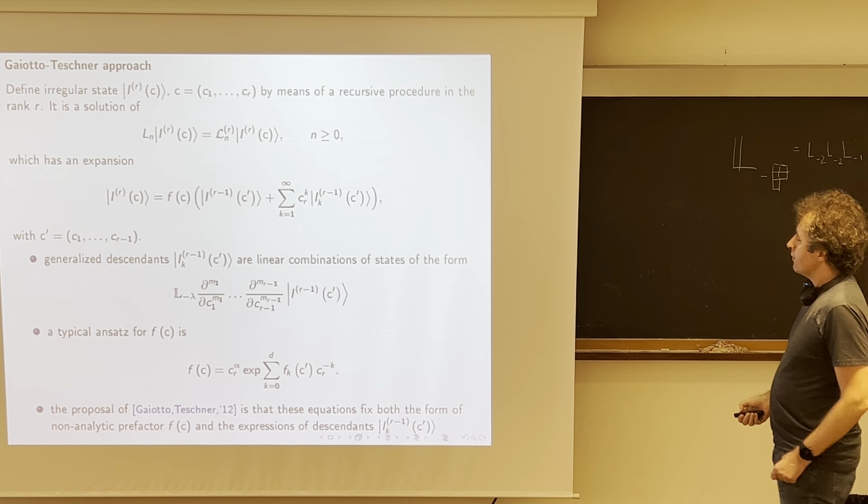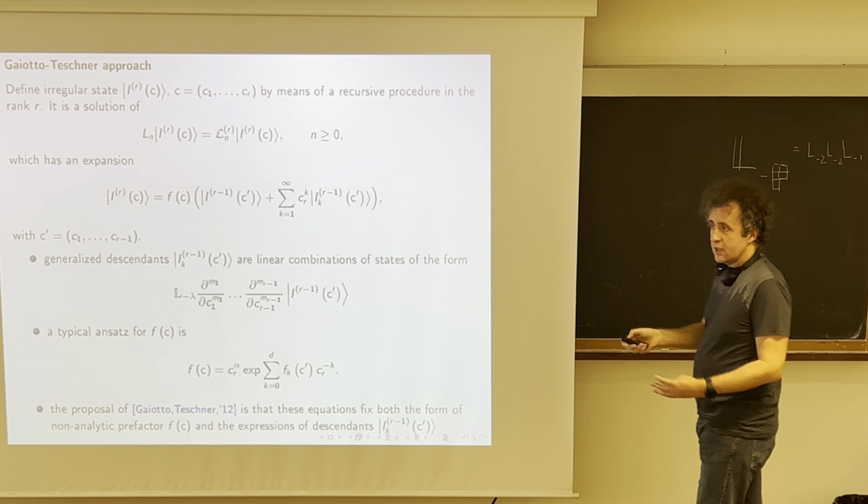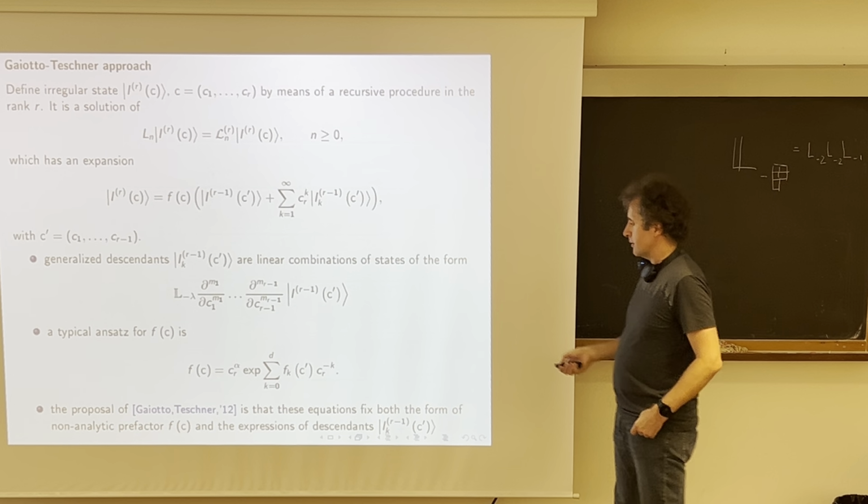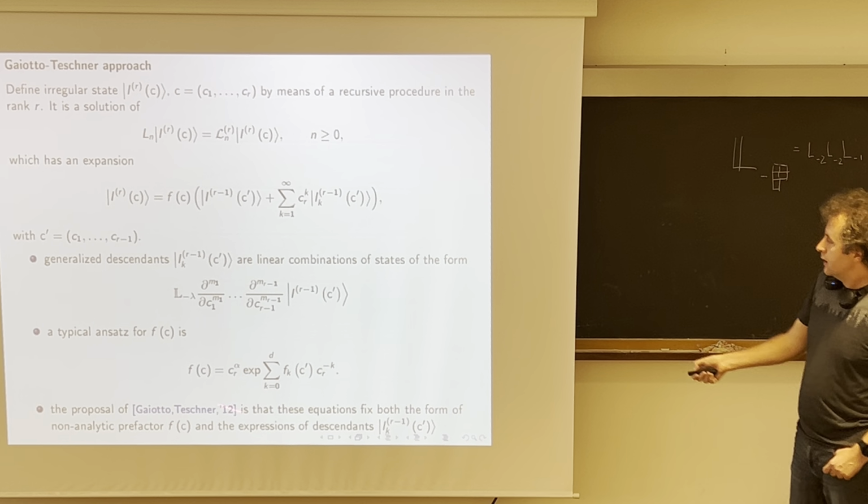Okay, and this was checked by examples going to some sufficiently high order for rank R equal to 2, rank R equal to 3. But as far as I know, there is no proof of this statement. And a typical answer for this prefactor is this. So you have some power of this highest eigenvalue and the exponential.